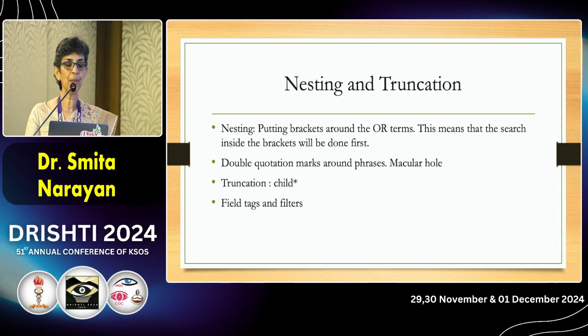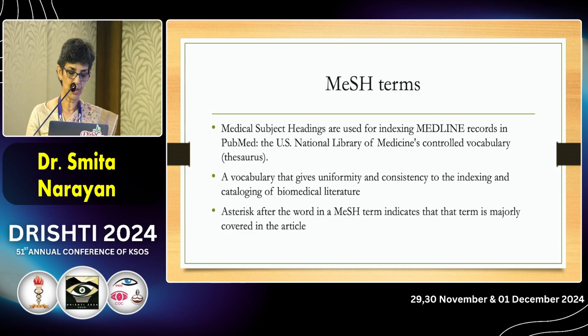So if I put an asterisk after child, I get child, children, childhood, all those searches become relevant. You can also use field tags. Like if you want to have only the titles which contain the given keyword, then you can add TI after your keywords, or you can add title and abstract, TIAB. Now let us look at another concept, and that is the MeSH terms.